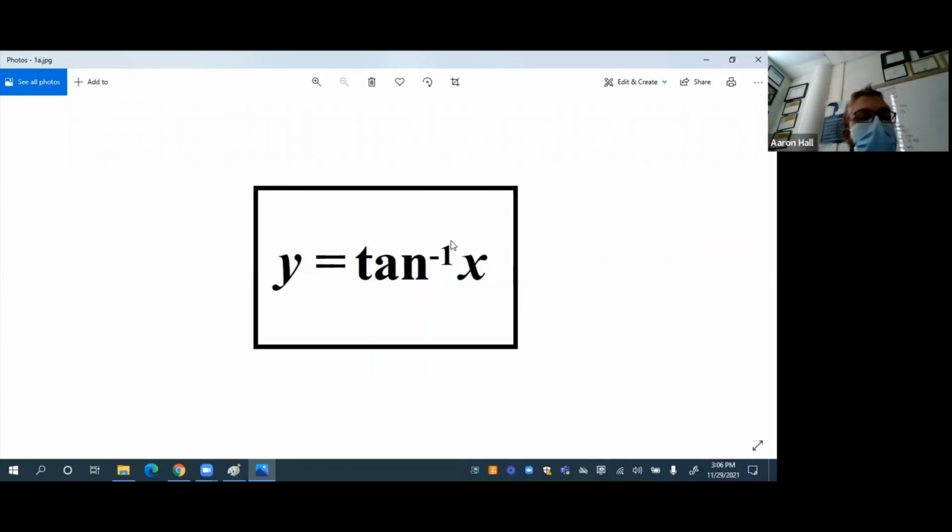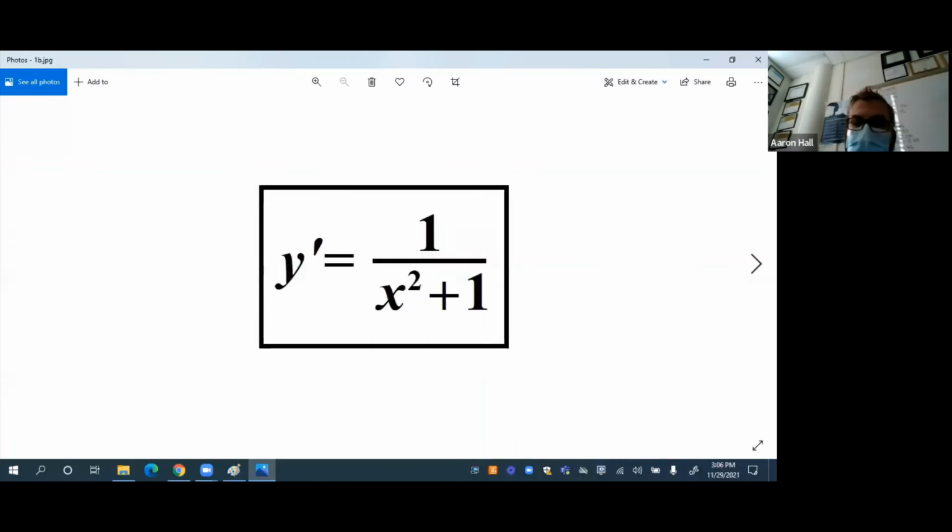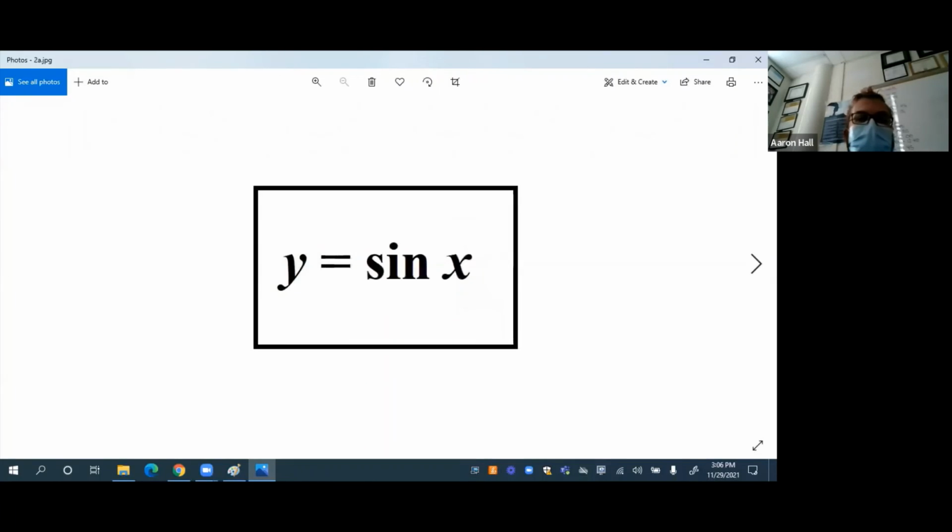It's going to be 1 over what? x squared plus 1. Good. Okay, let's do the next one. I want to know the derivative of sine of x. That's cosine of x. Good. I want to know the derivative of the inverse of cosecant of x. Is it going to be positive or negative? It's negative because it's a cofunction. So it's going to be negative what?